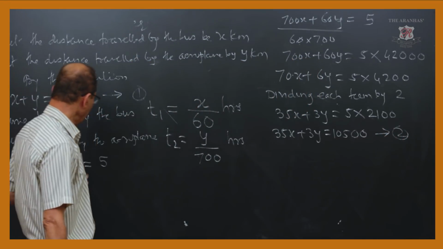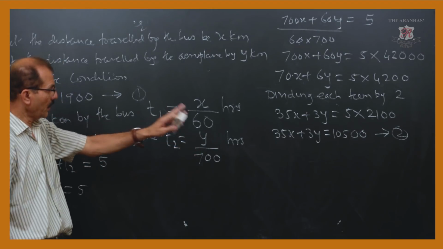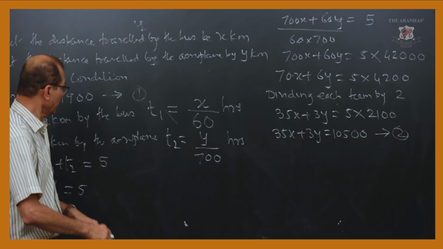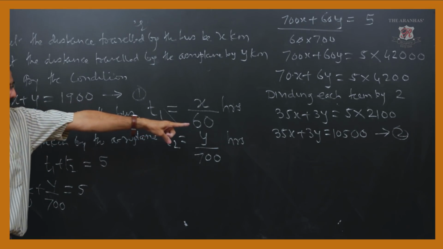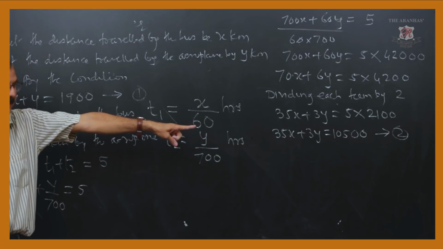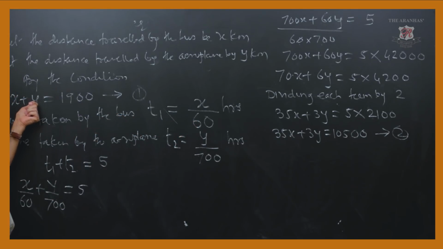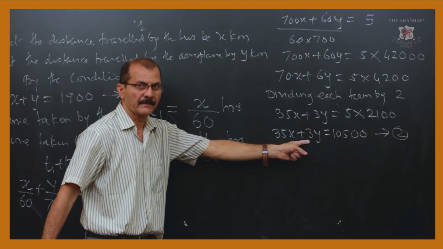Now you have equations 1 and 2. Solve these two equations simultaneously. The first equation is x plus y is equal to 1900. The second equation is 35x plus 3y. Now here plus 1y, here plus 3y.